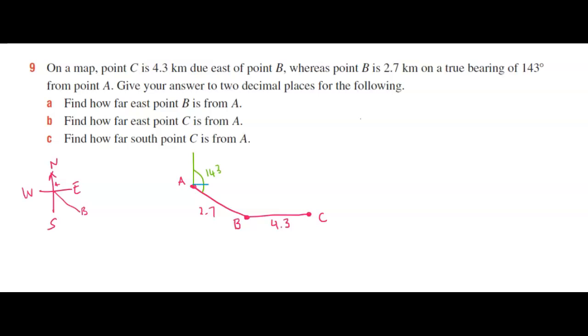So this distance here, I'll just turn it into a right angle triangle. Redraw the triangle over here. So this hypotenuse is 2.7. The angle up here, 143 minus 90, because that's a right angle in there, so 53.